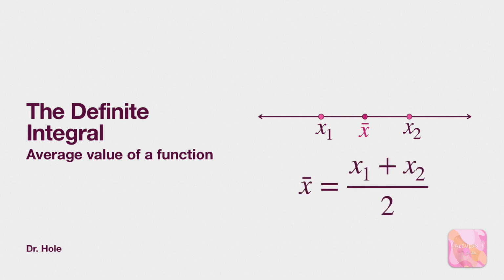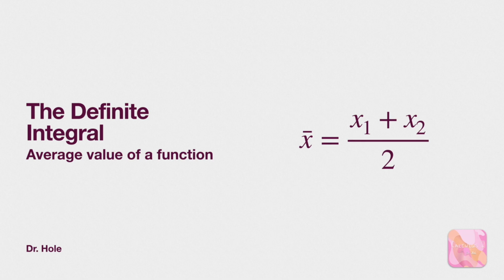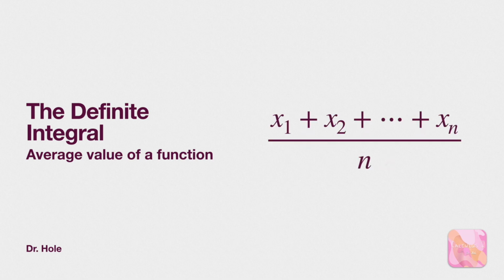X bar can be computed by summing the two values and dividing by 2. This can be extrapolated out to an average value of n values by summing the n values and then dividing by that number n.